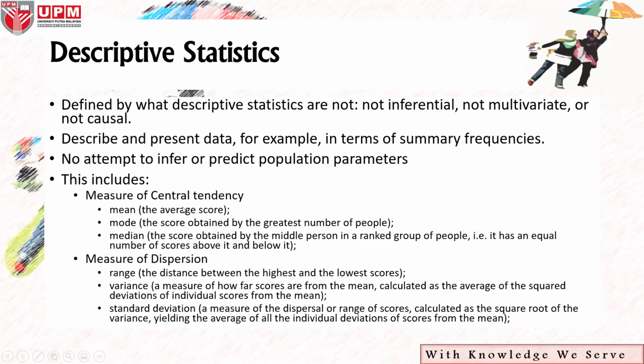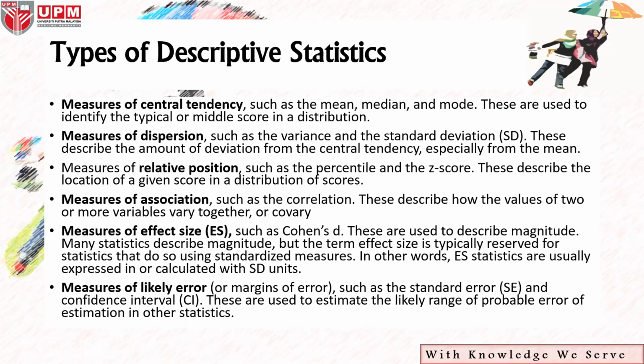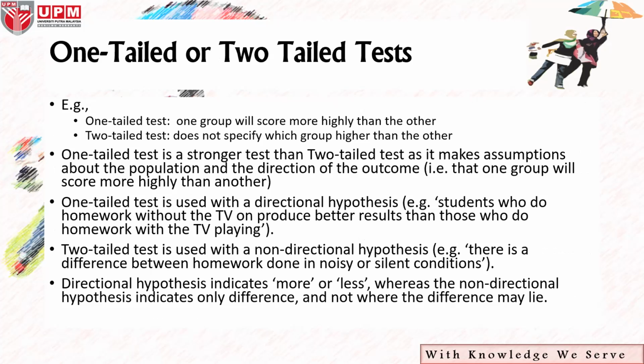Later in your statistic class you will learn about two types of descriptive statistic, which is measure of central tendency, MCT, which consists of mean, mode, median, and measure of dispersion. We have range, variance, and standard deviation. Three things. I don't touch much on the types of descriptive statistic. Any question so far?